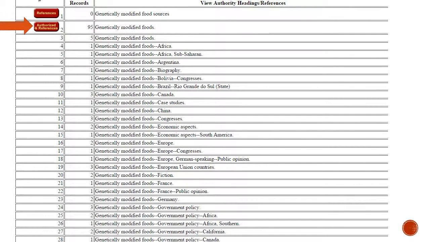Are there subdivisions by topic? Well, how about economic aspects? So these particular books are about the economic aspects of genetically modified food.